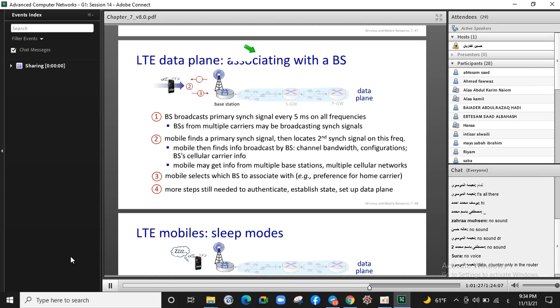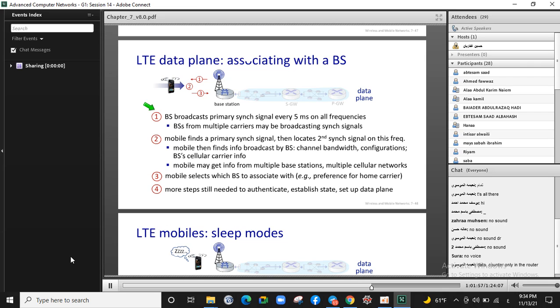How is a user connected to an LTE network? When a user tries to connect to a wireless network, we call it association. So the question is this: how can I associate with a 4G base station?